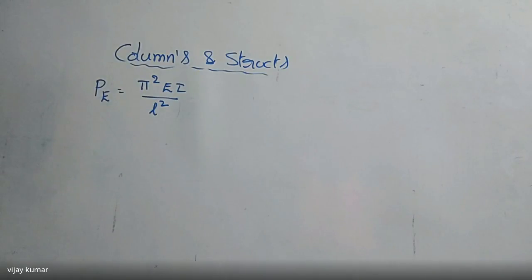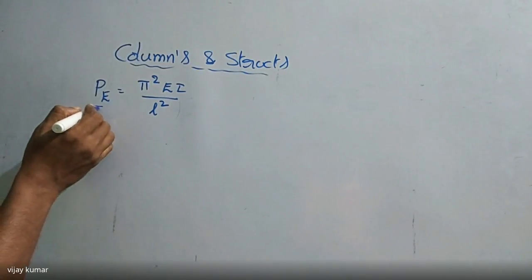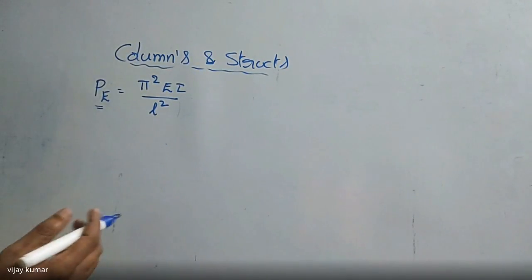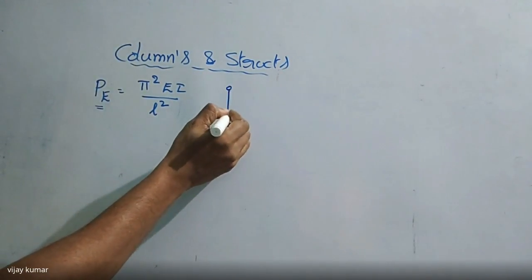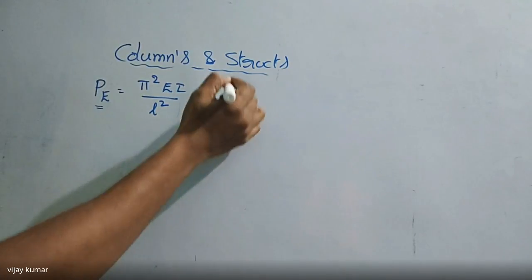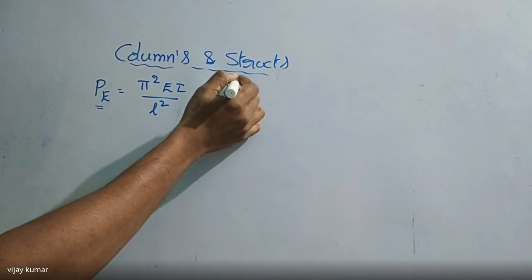Because Euler considers the column with both ends hinged as the reference column to find the equivalent length of the different columns having different end conditions. This is the hinged column, both ends hinged. It is also named as a reference column.